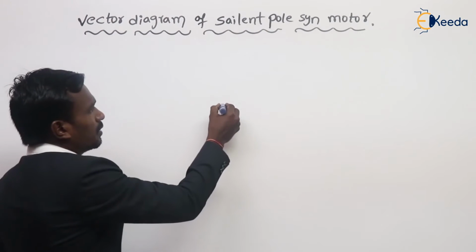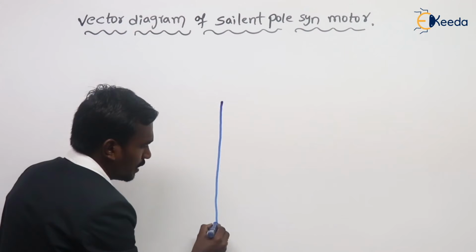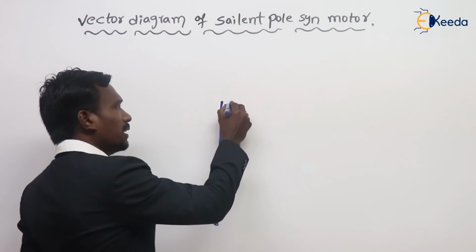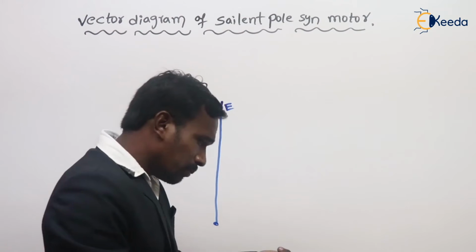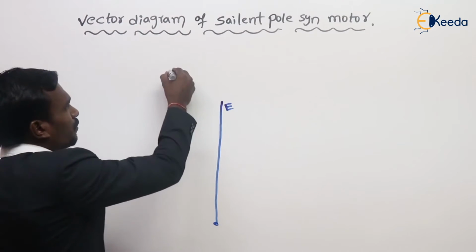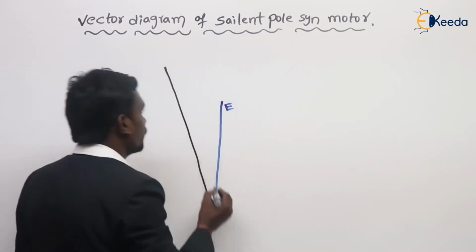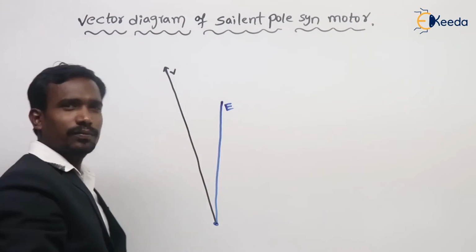For example, this is my EMF E, and this is a motor, right? So for a motor, the voltage V is leading the EMF. This is the voltage V.